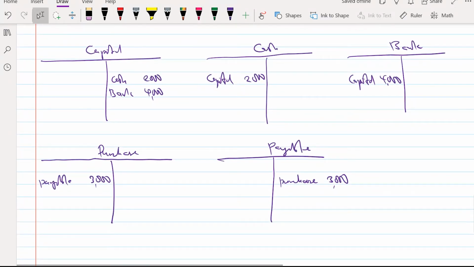We have the purchase account already, and all we need to do is bring in cash and bank.